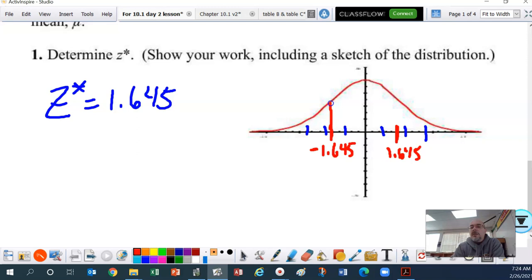And ladies and gentlemen, that is where your 90% confidence is. That's going to be the width of your confidence interval, from negative 1.645 standard deviations below to 1.645 standard deviations above. All right.